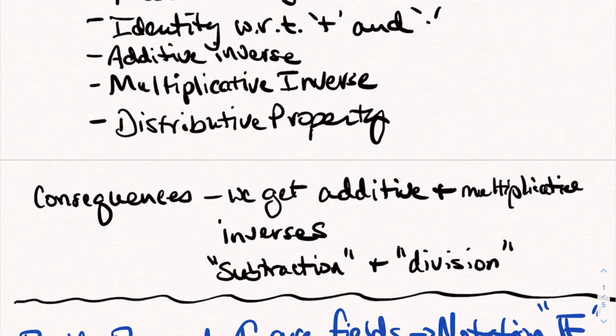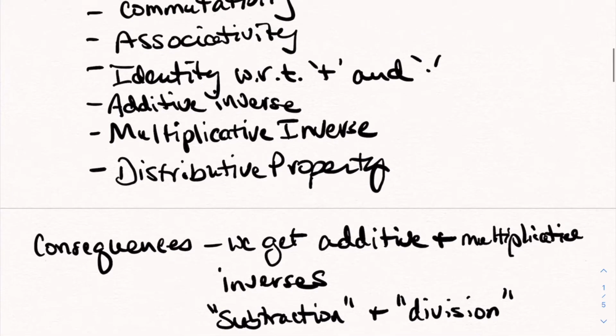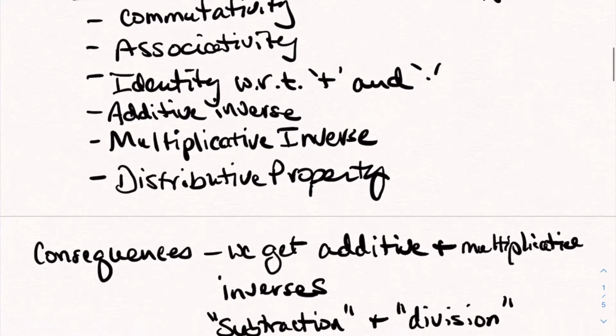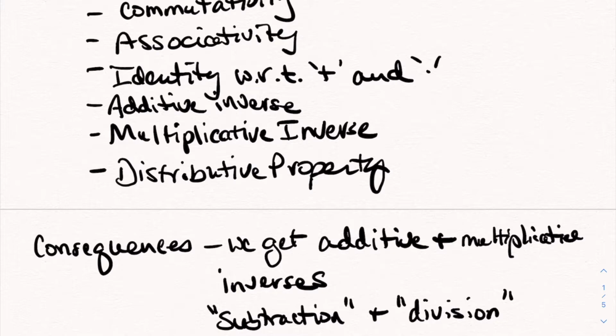Now, I do want to point out that once you have all these properties, the consequences of that, the fact that you have an additive inverse, the fact that you have a multiplicative inverse, those things allow you to define these other operations, if you will, or way of thinking about things in terms of subtraction and division.